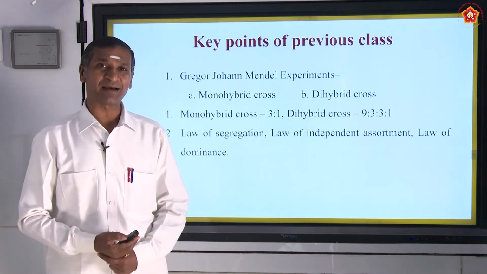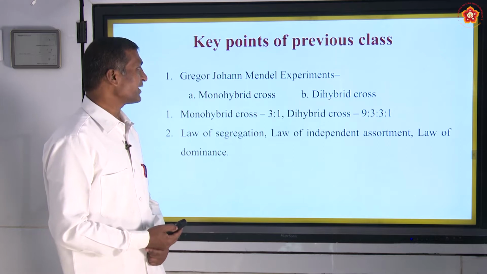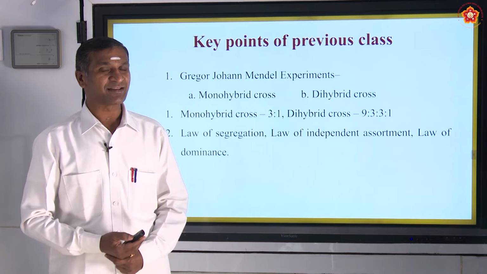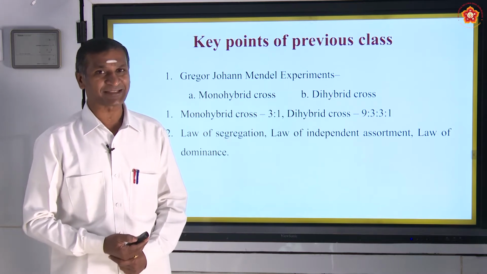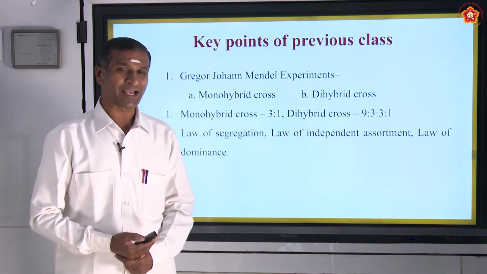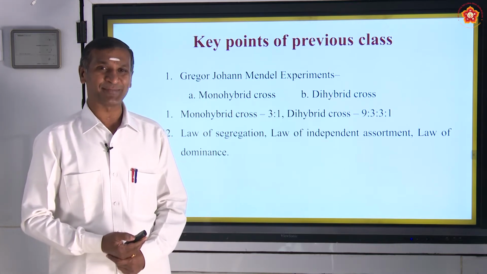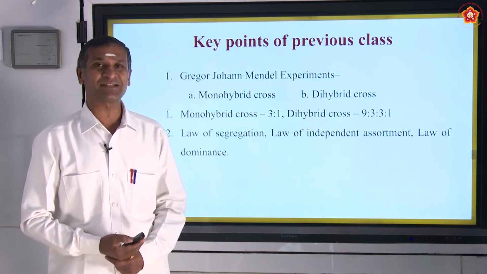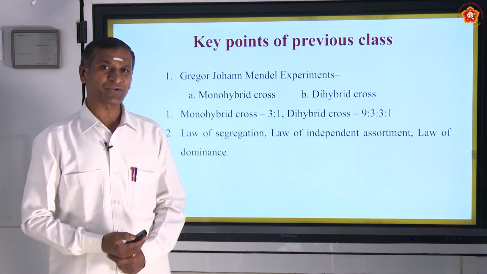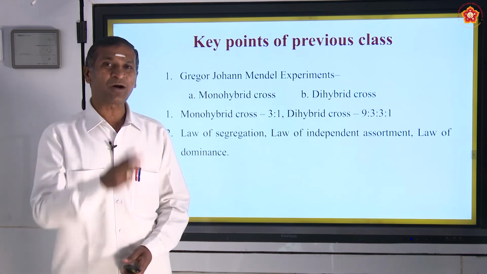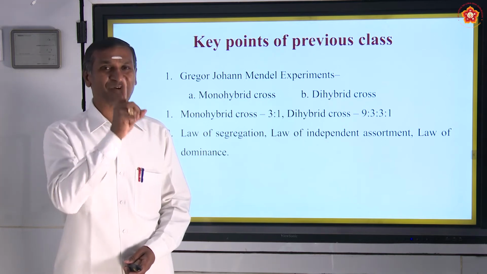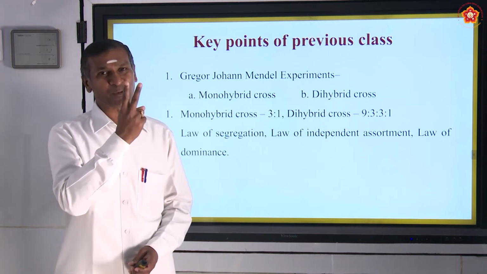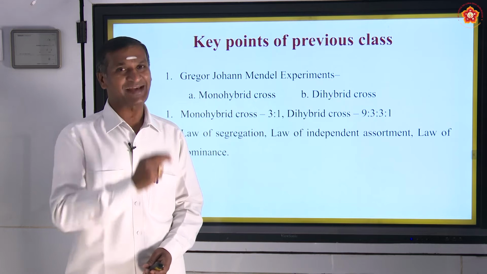In our previous class, we understood Gregor Johann Mendel and his contributions in the form of 2 experiments which he conducted, monohybrid cross and dihybrid cross, where he selected the garden pea for his experimentation. In the monohybrid cross, a cross between 2 plants which differed in one character, and a dihybrid cross, a cross between 2 plants but differed in 2 characters.